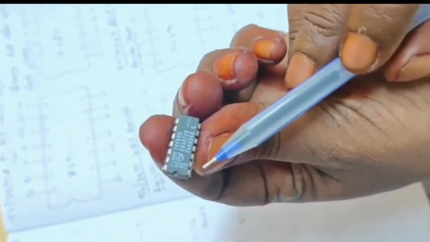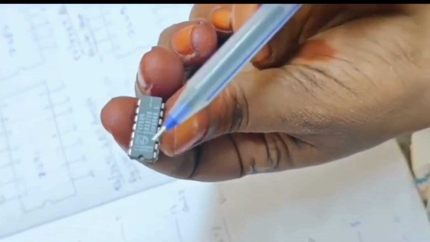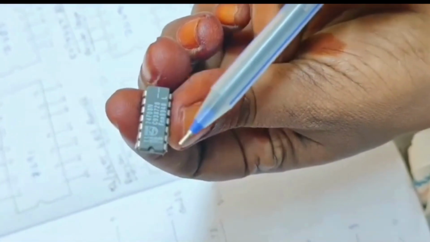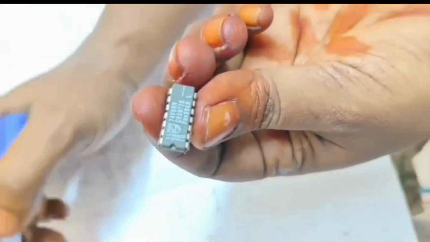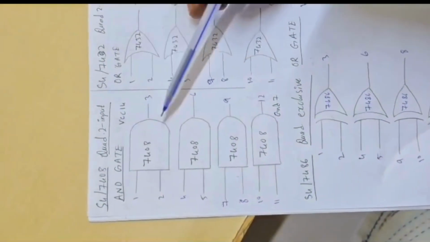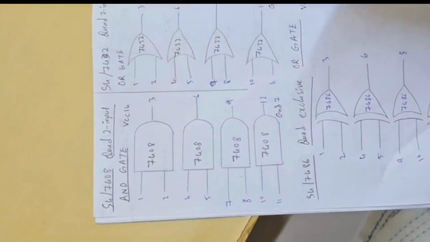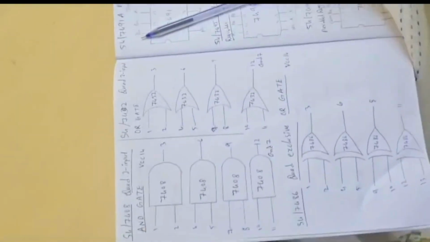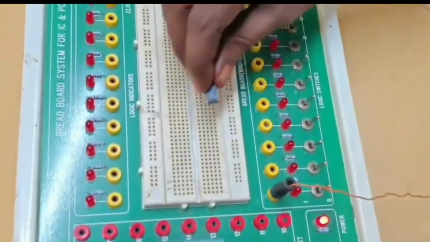The starting pin number is from here, the left side of this notch, that is pin number 1. Pin 1 is an input and pin 2 is also an input for the same gate, and the third pin is the output.